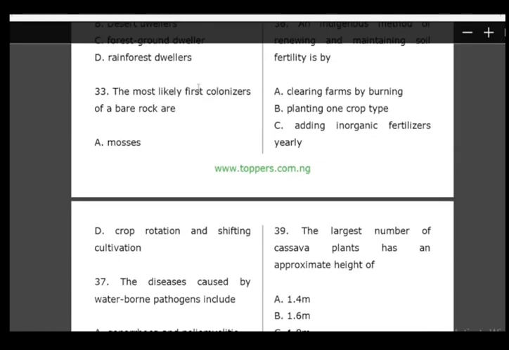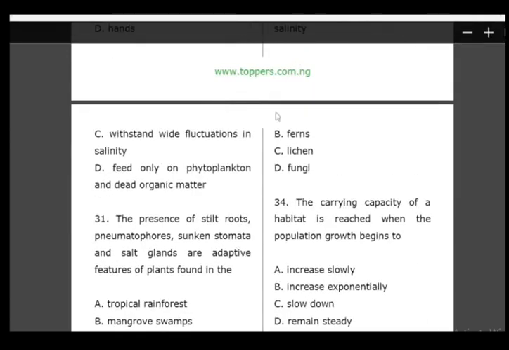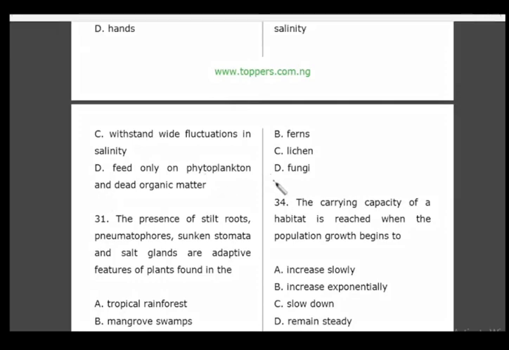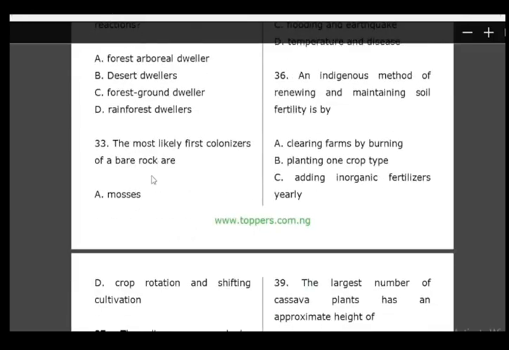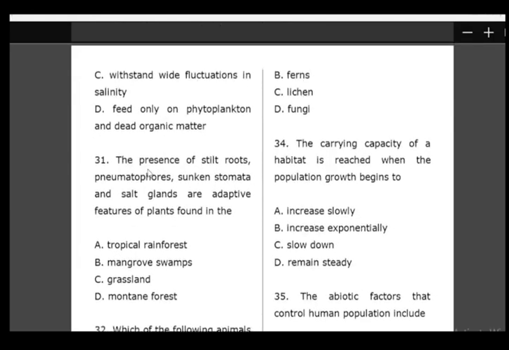The most likely first colonizers of a bare rock are A. Mosses, B. Ferns, C. Lichen, and option D, fungi. Now looking at this, we have moss as the first option and ferns as the second option.